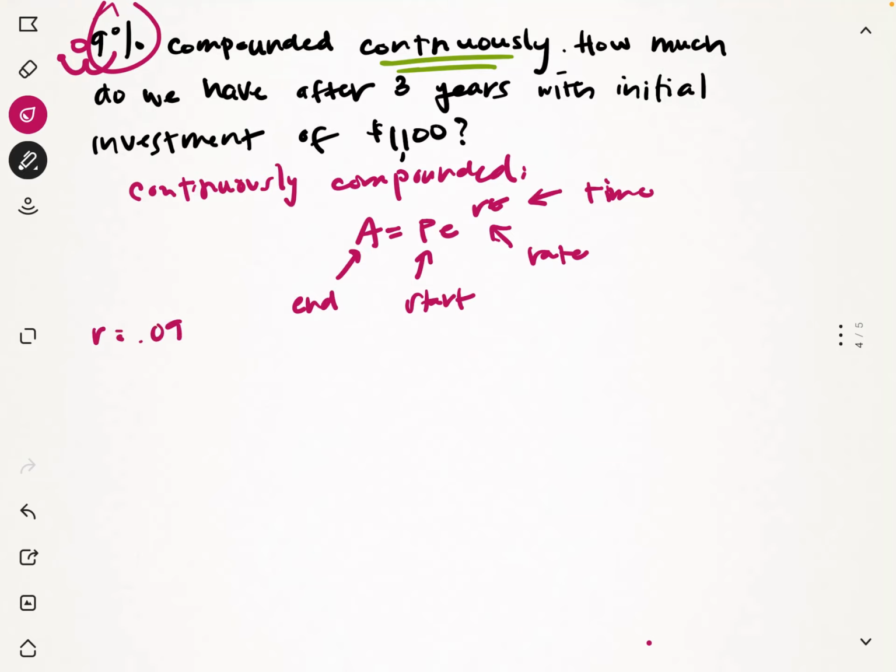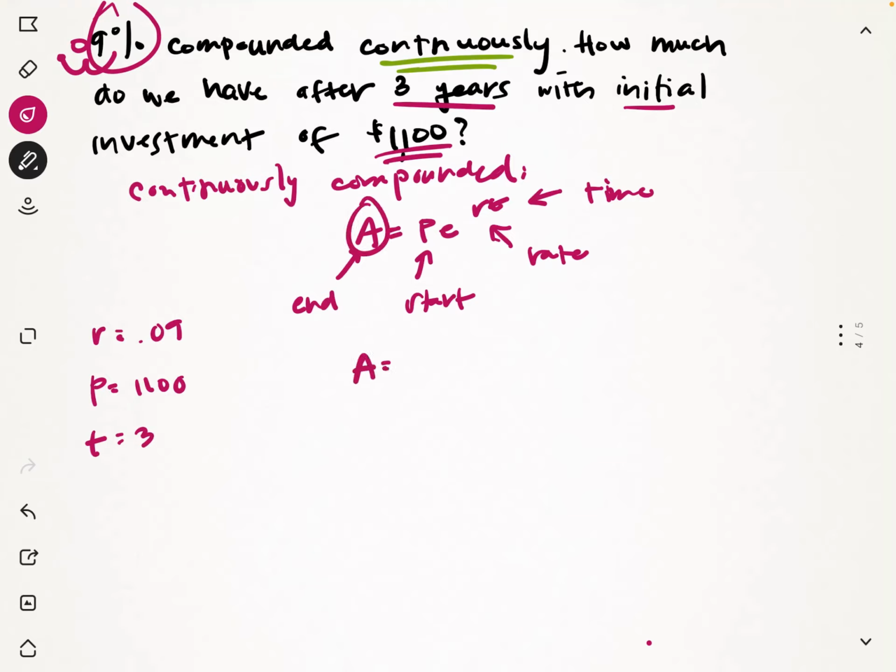Our initial investment is going to be our start. That's P, 1,100. Our time is 3 years. And we have enough because it's asking us how much do we have after 3 years. So we're trying to find A.